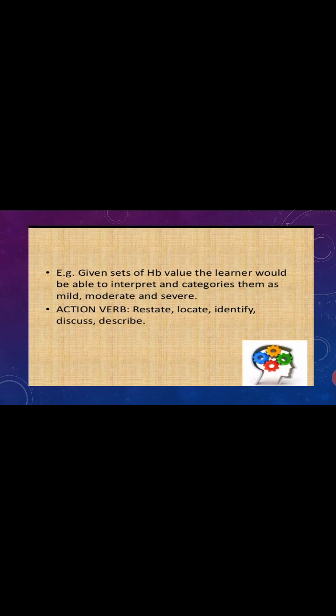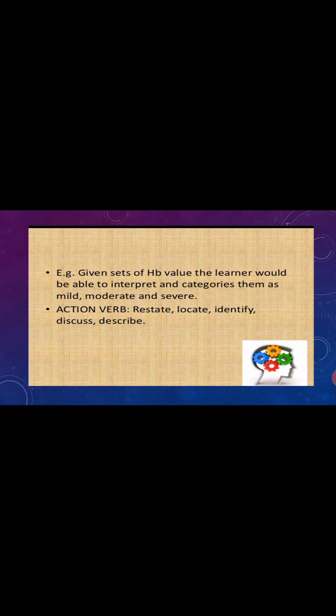For example, given hemoglobin values, the learner would be able to interpret and categorize them as mild, moderate and severe anemia. Suppose you took one class on anemia and gave the classification of anemia to the students. So they have the knowledge about the particular things, they have understood.